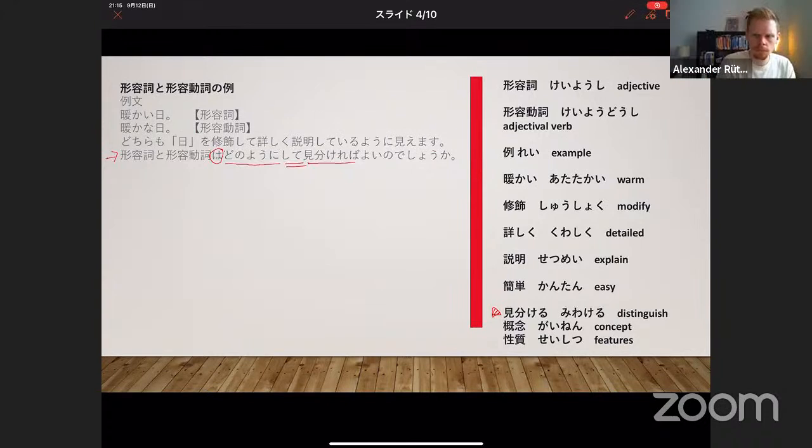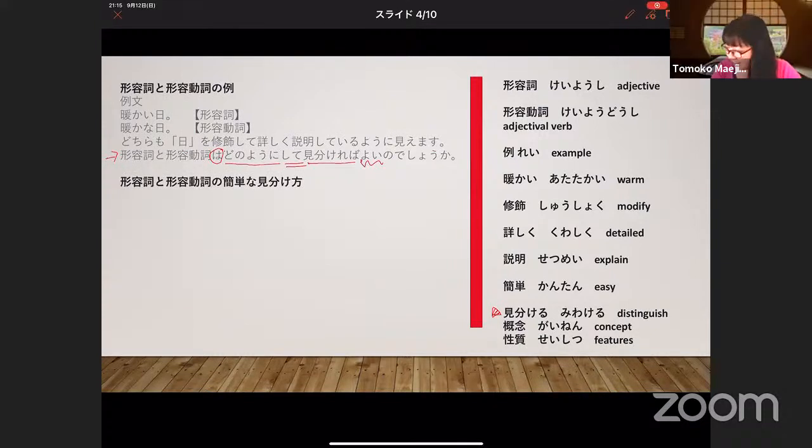That is to distinguish. 見分ければ良いのでしょうか. It's a kind of question, because you have ka at the end. 良い is good, so what is the good way? What is the best way to distinguish?